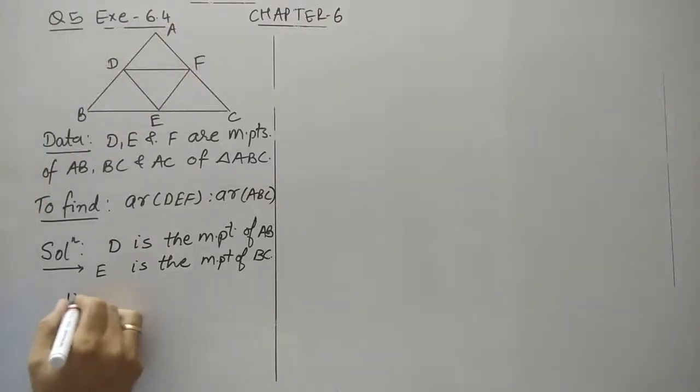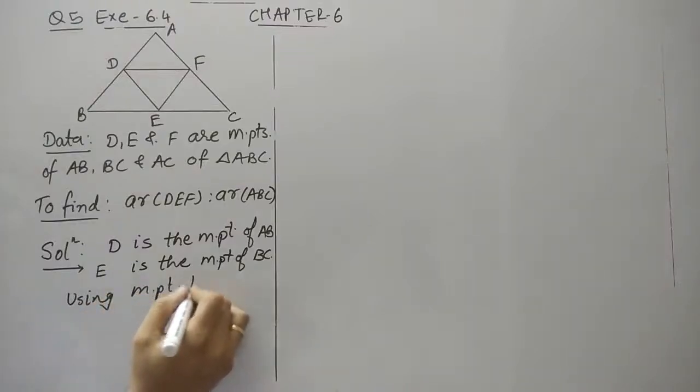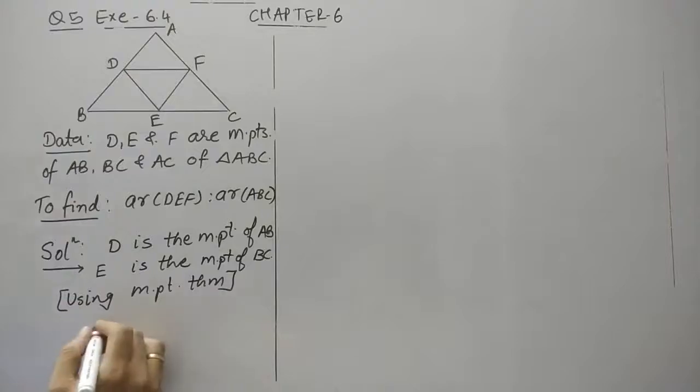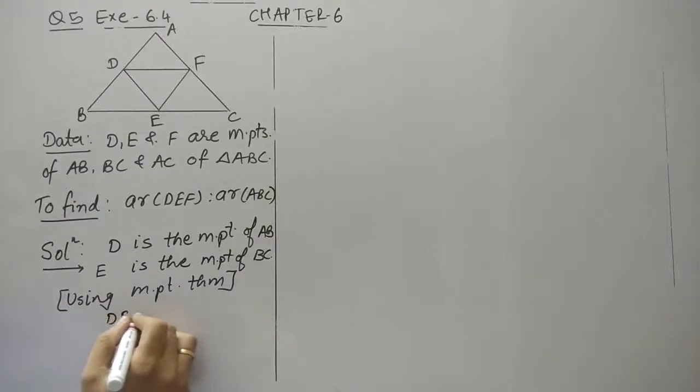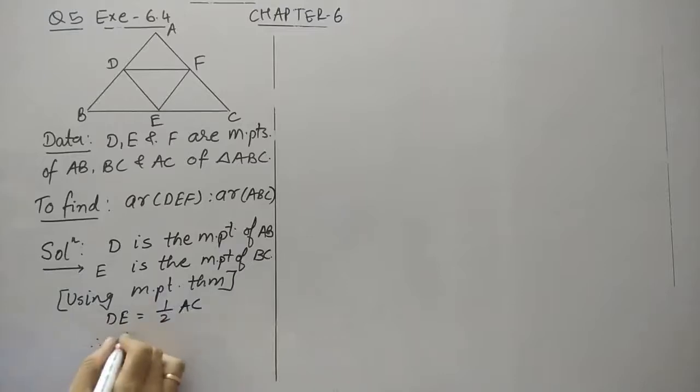I want to recall the midpoint theorem which we learned in the 9th standard. So we can write that DE upon AC is 1 by 2. I have taken AC on the left hand side.